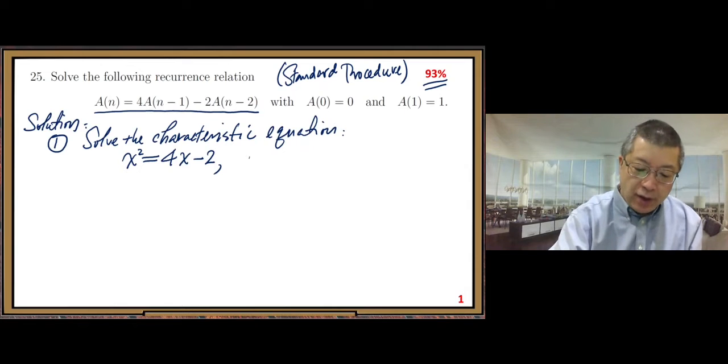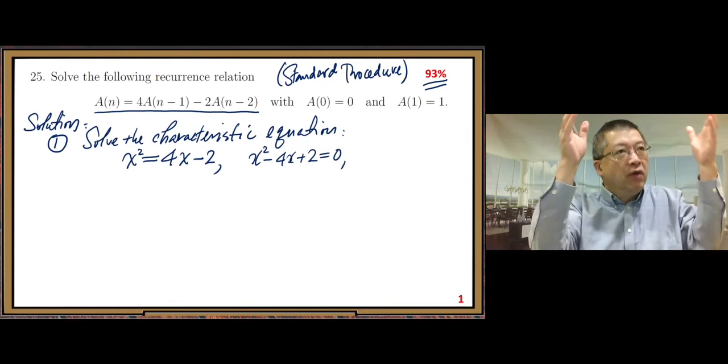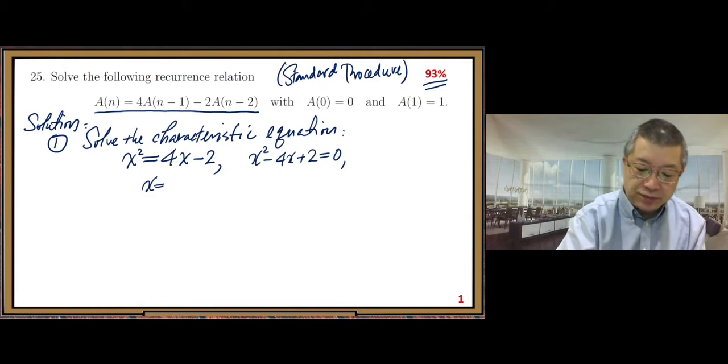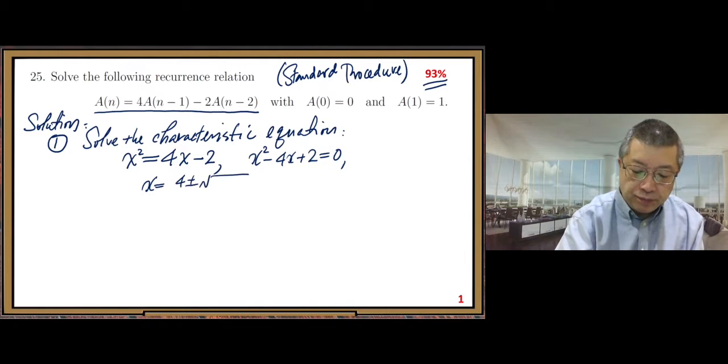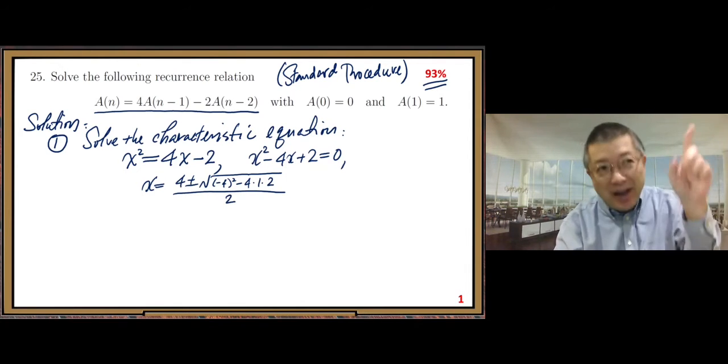If we write it this way, this is the standard form of the quadratic equation, and then we have two solutions. x equals negative b, so that's 4, plus or minus the root of b squared minus 4ac, which is 4 times 1 times 2, over 2a, not 2b.